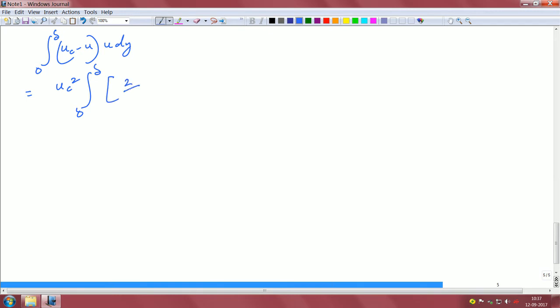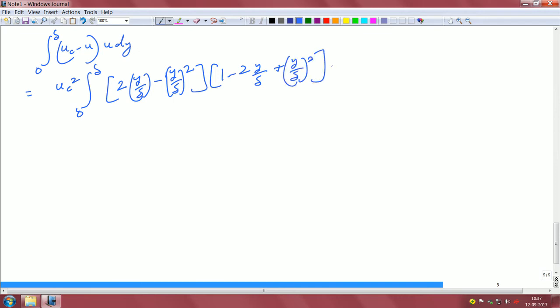It will be the integral of (2 y by delta minus y by delta square) into (1 minus 2 y by delta plus y by delta square) into dy.